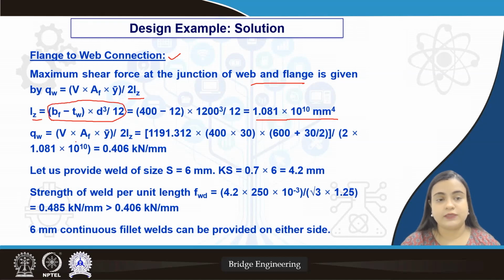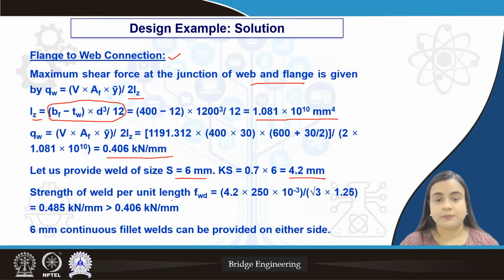qw then turns out to be V, Af and y prime divided by 2Iz. When we apply the magnitude of all the parameters, it is 0.406 kilonewton per millimeter. So let us provide a weld of size s equals 6 millimeter. Ks will be 0.7 times 6, that is equal to 4.2 millimeter.